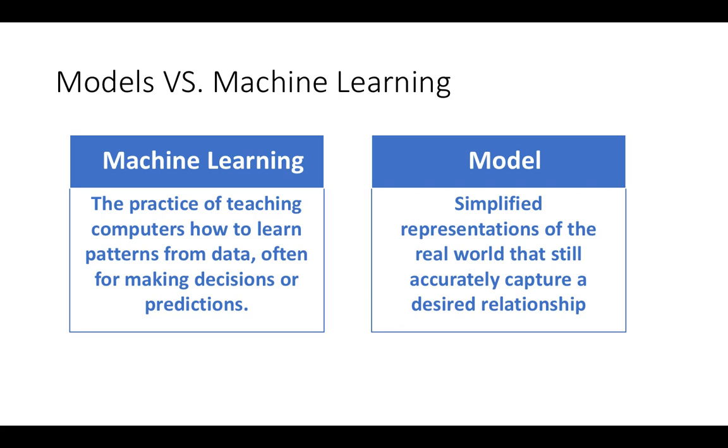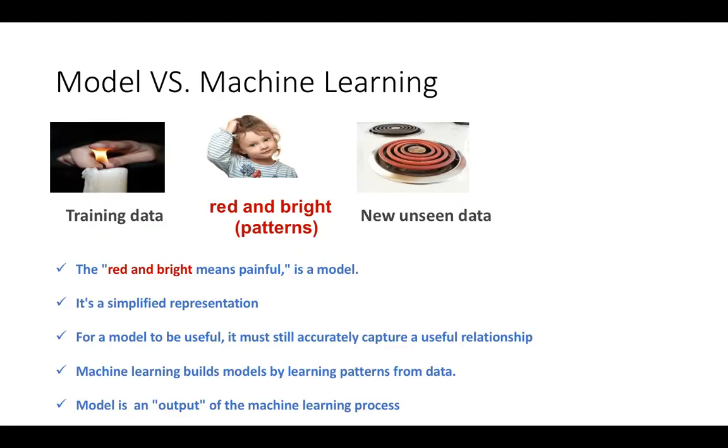So it's very important that we build models in such a way that they accurately capture a desired relationship. If they over complicate that, then it's not a good model. At the same time, if they are not even capturing the desired relationship that exists between the input features and target variable, then also we are not building the right model. So that is the point that we will try to understand.